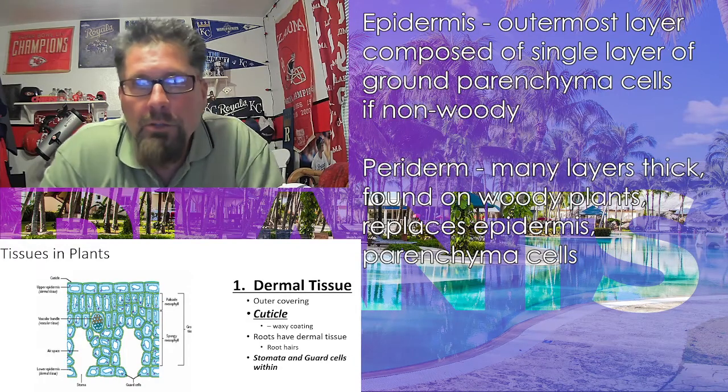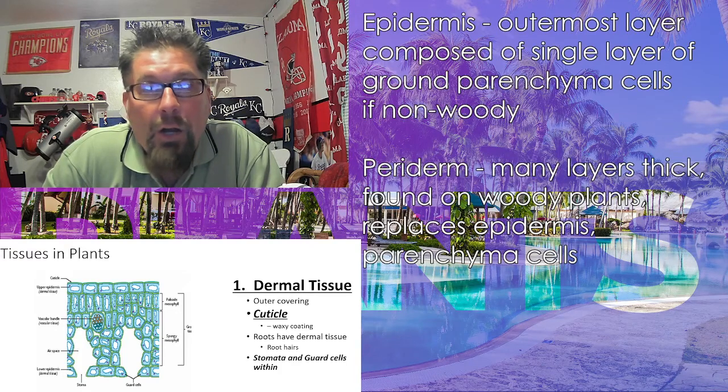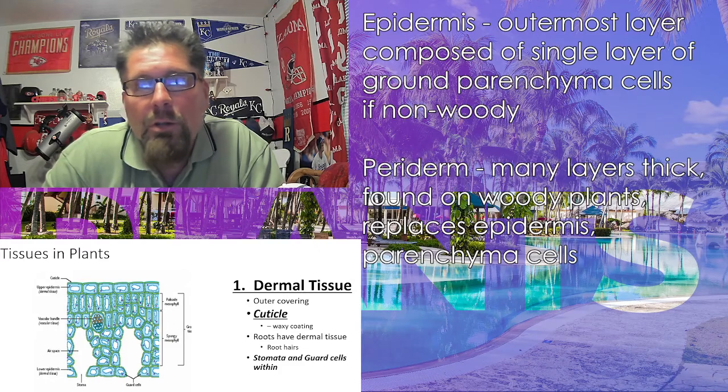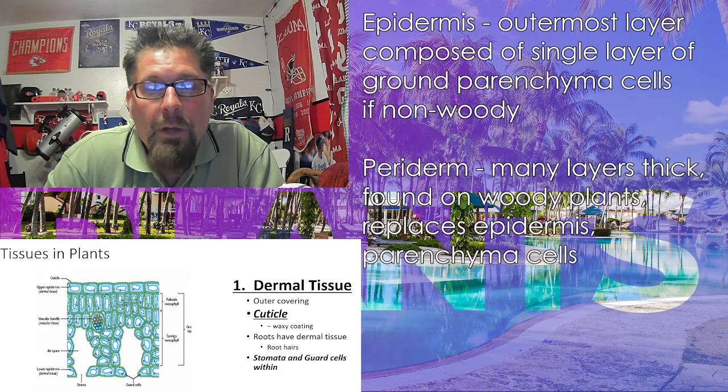Now, when we're thinking dermal tissue, obviously we're thinking the outermost edge. On us, the outermost edge is just the outside, where the skin is. But if you think about a plant, especially if it's a leaf, you've got to think on top and on bottom, just like if you were laying on the floor, face down or face up, whichever you were.